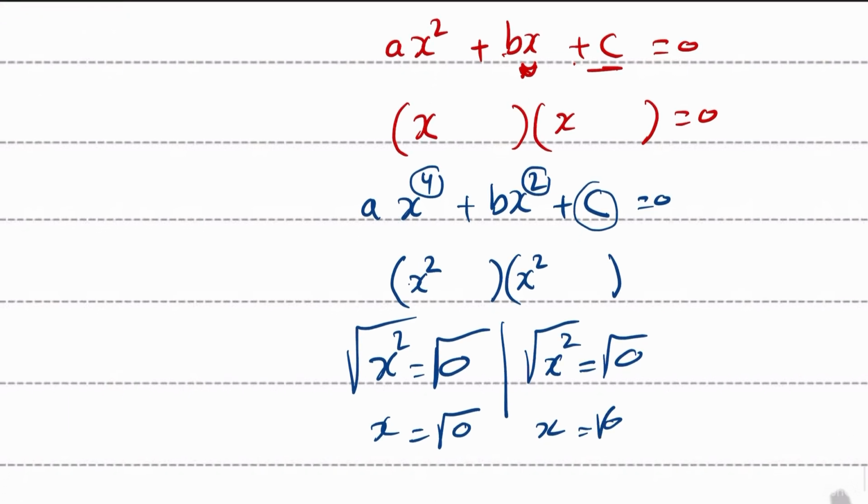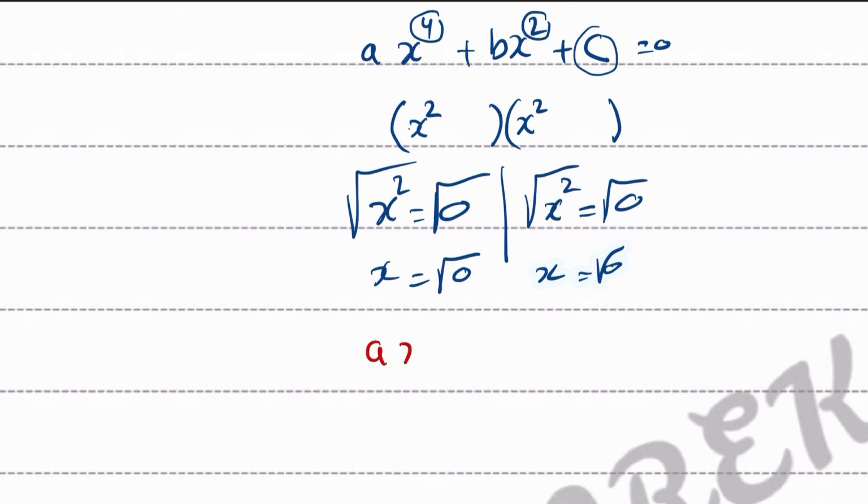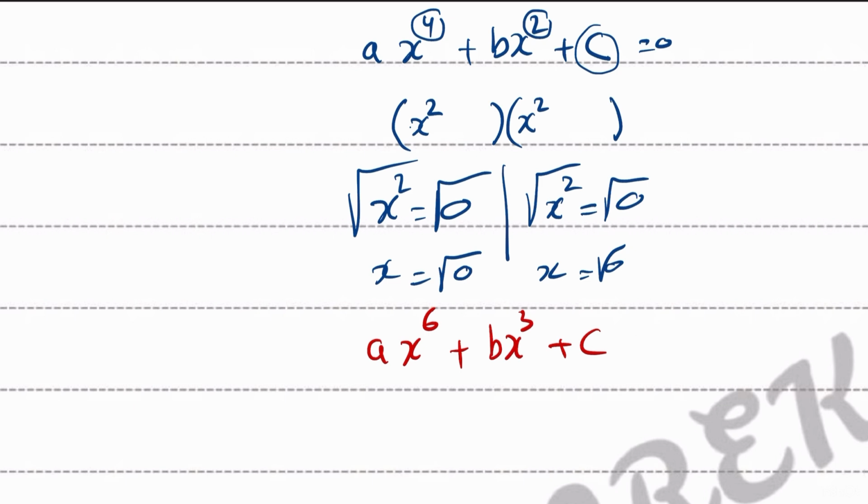This also works if you have another type of equation like ax power 6 plus bx power 3 plus c equal to 0. As I told you, once you find the power 6 is double the power 3, it looks like a quadratic equation.